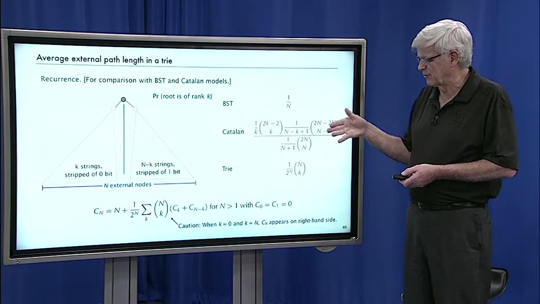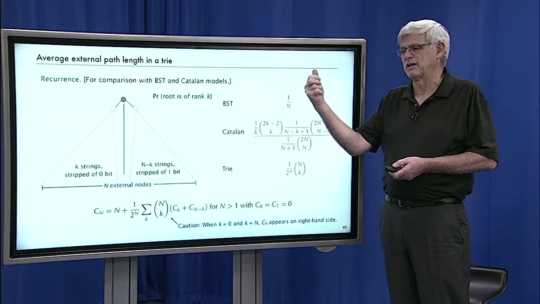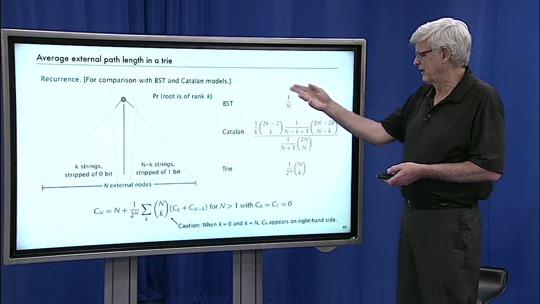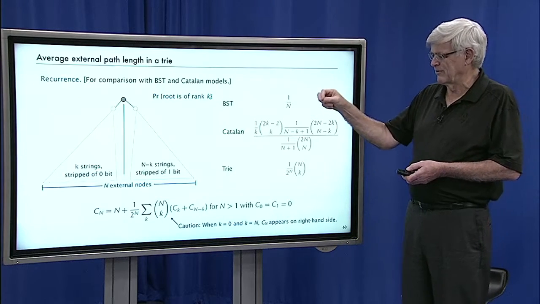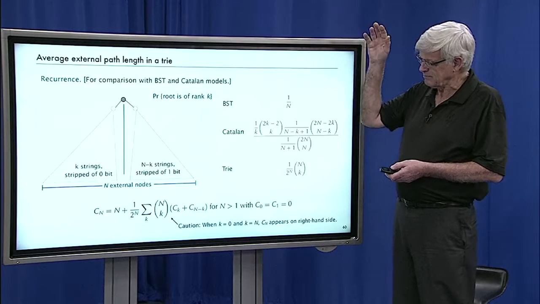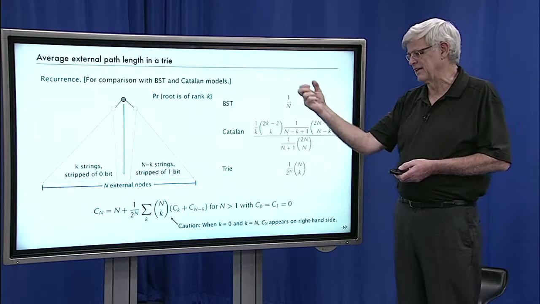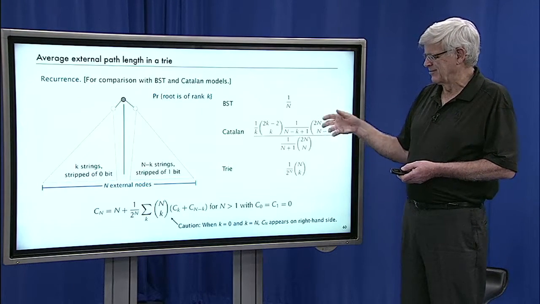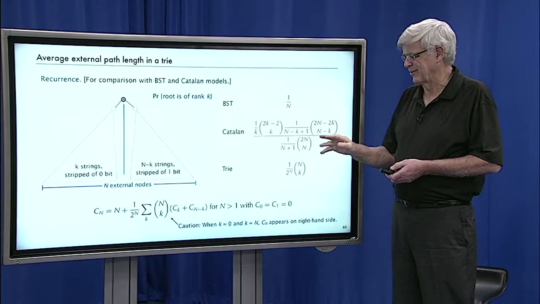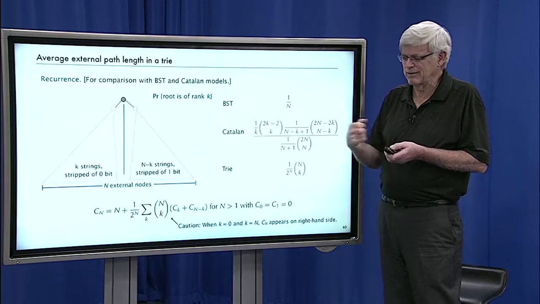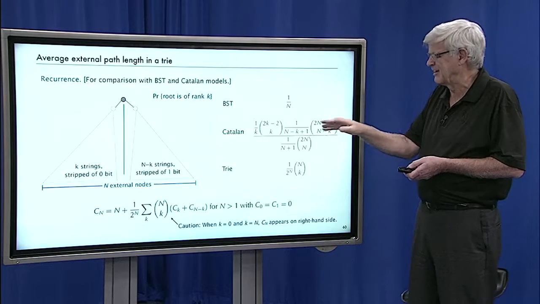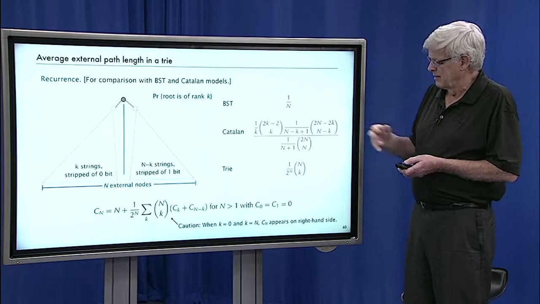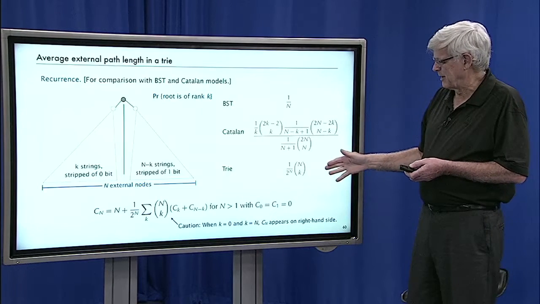One is what's the probability that there's k nodes on the left, which in the case of binary search trees was just 1 over n. And the other difference is that you might have no nodes on the left and n nodes on the right. That's a technical thing that definitely comes directly from the definition of tries, but it makes the recurrence just a tiny bit trickier. So that's the recurrence down at the bottom.